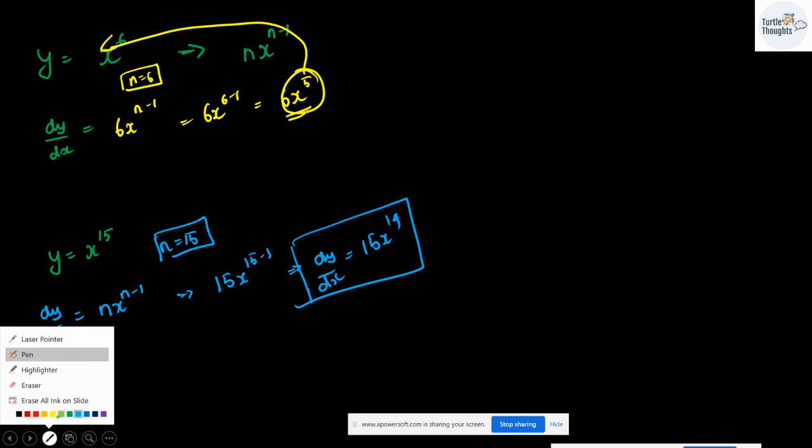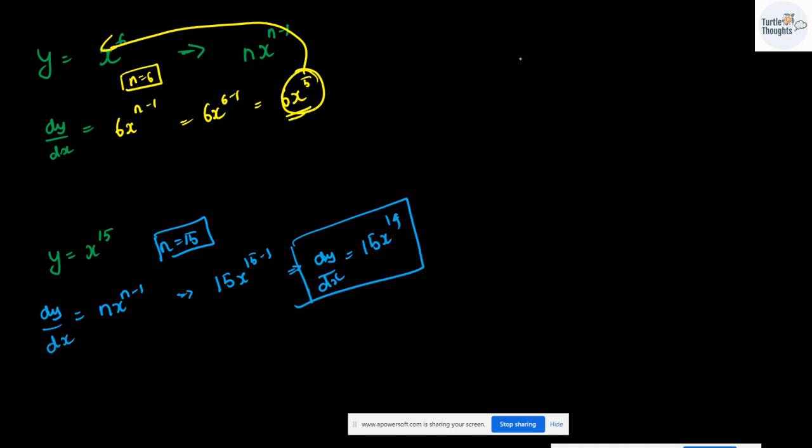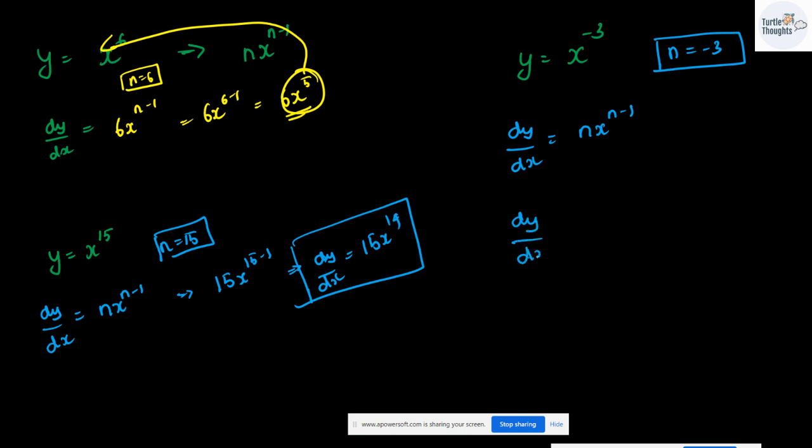Similarly, I can even have negative powers of x as well. If x is raised to the power minus 3, now I can use the same formula. Dy by dx is going to be equal to n x to the n minus 1. This is the power rule. Here n is going to be minus 3. Now dy by dx is going to be minus 3 x raised to the power minus 3 minus 1.